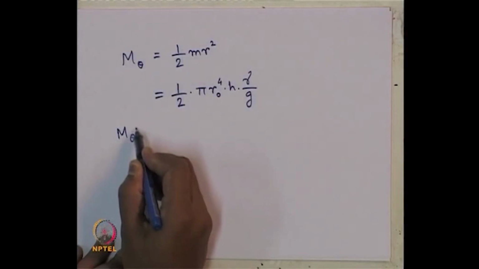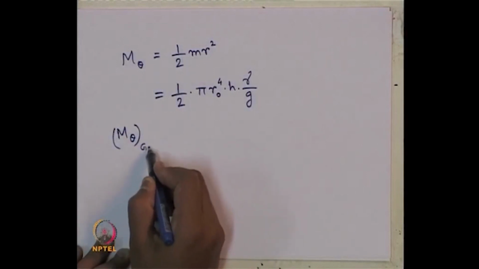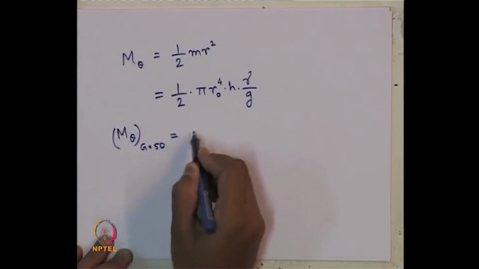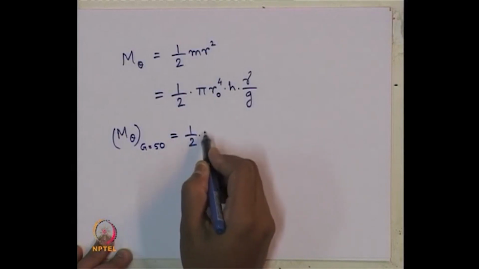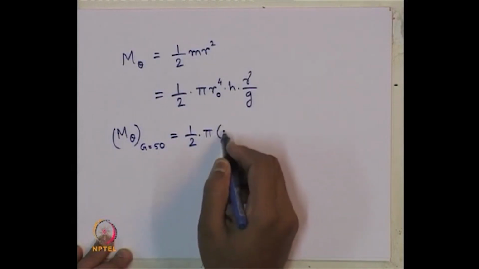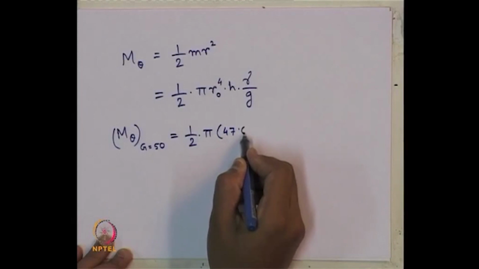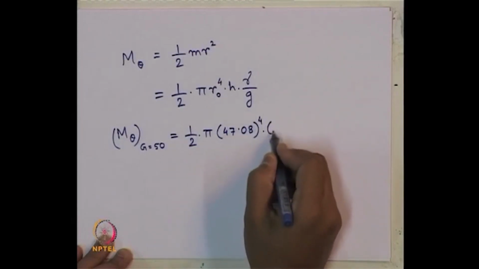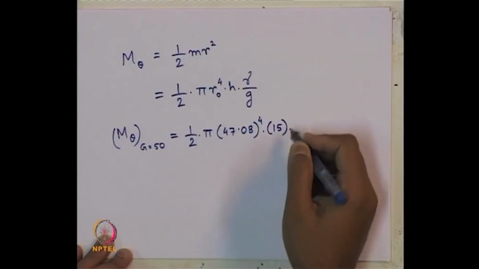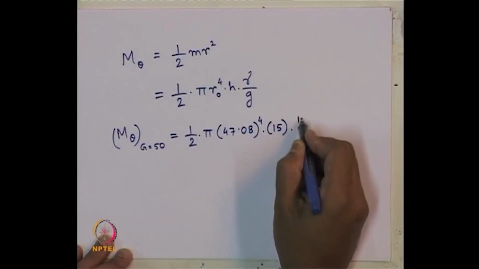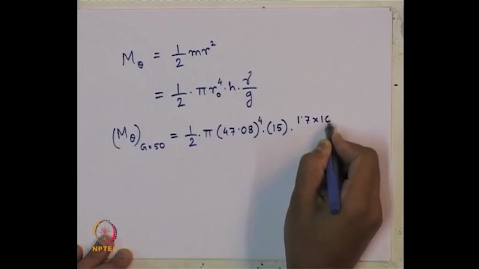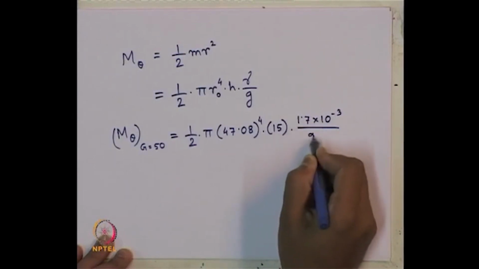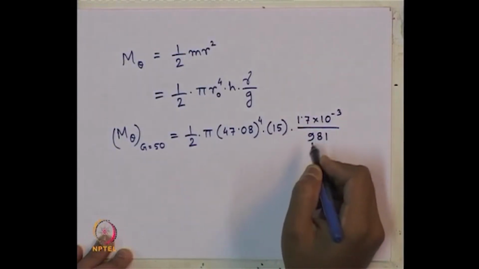So, m theta for the first type of soil, half pi r naught is 47.08 to the power 4, h is 15 centimeter, gamma we had already assumed 1.7 into 10 to the power minus 3, by g is 981.